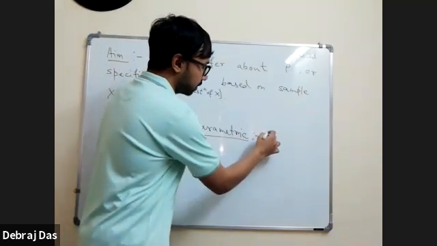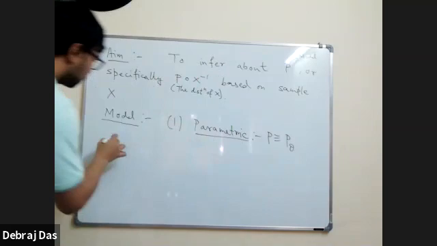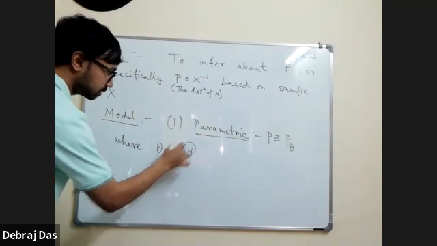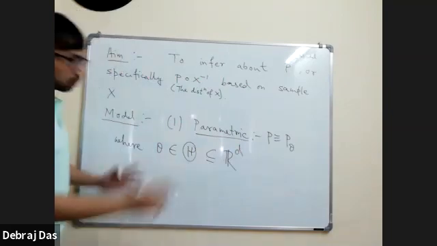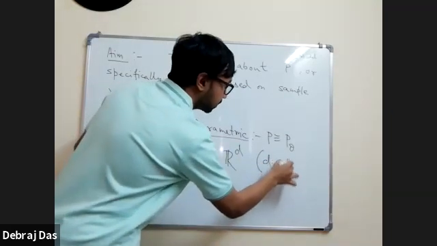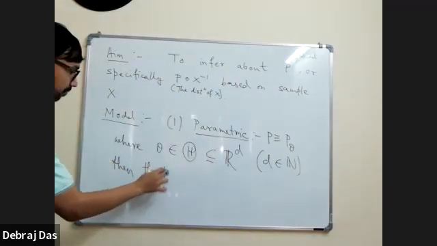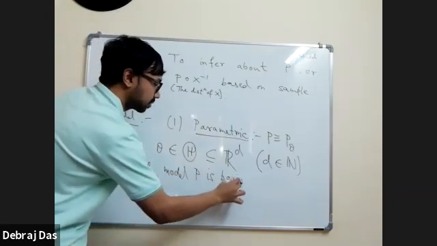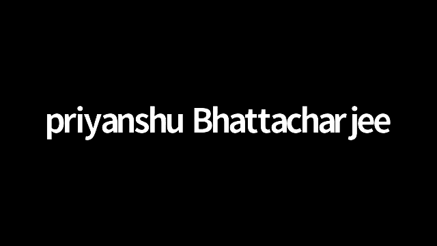If you can write this P as P theta, where theta belongs to some space which is a subset of the d-dimensional Euclidean space, where d is some natural number, then the model P is parametric. So you need some parameter. This theta is a parameter. Okay.